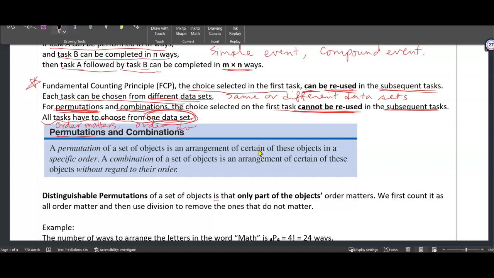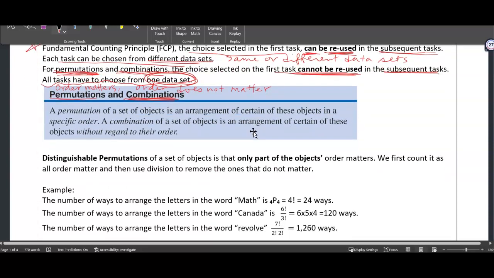One of the immediate examples that we do a lot is the 5-card hands in the standard deck of 52 cards, right? The order doesn't matter; that is a good example. But they both still cannot reuse choices, and that's where factorial comes in: for every task that you do, you lose a choice in the next task, for both permutation and combination.